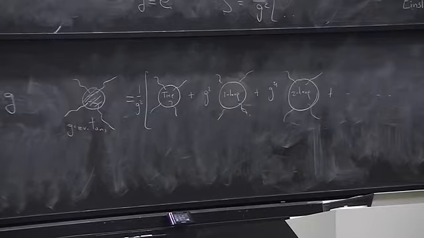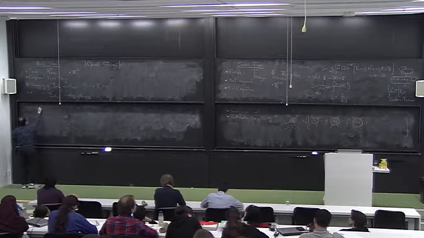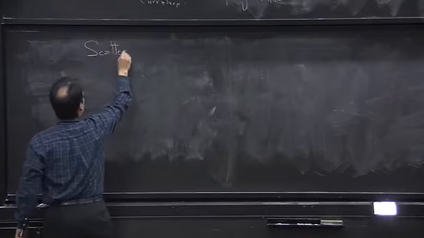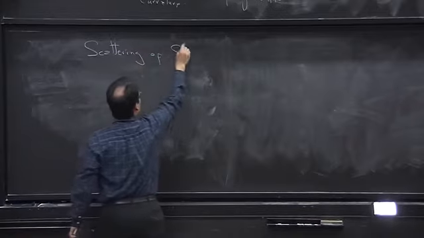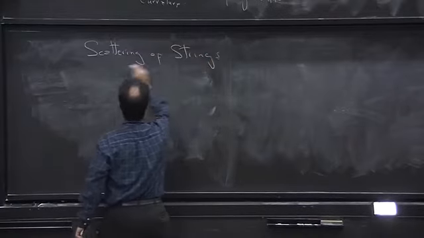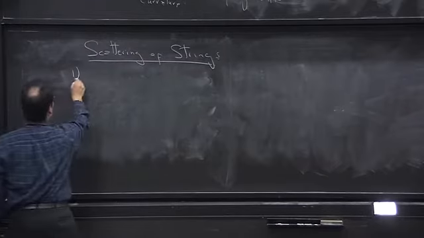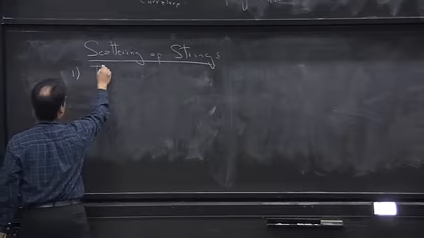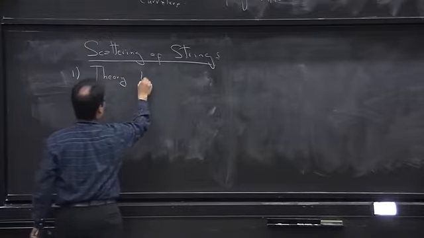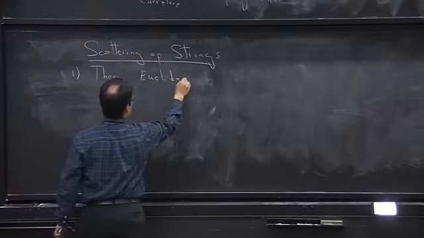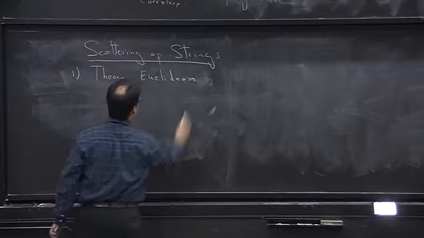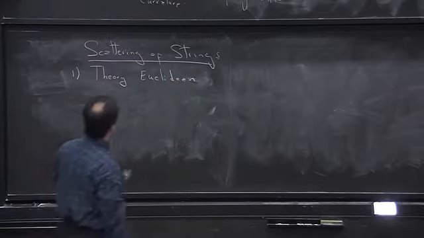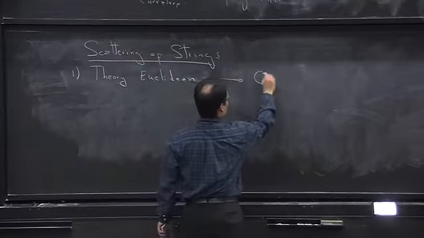So I didn't tell you, but the way you compute interactions from the world sheet is the following. The first step, so let's compute interaction or scattering of strings. The first step is that you make the theory Euclidean so that you can use all the machinery of CFT.